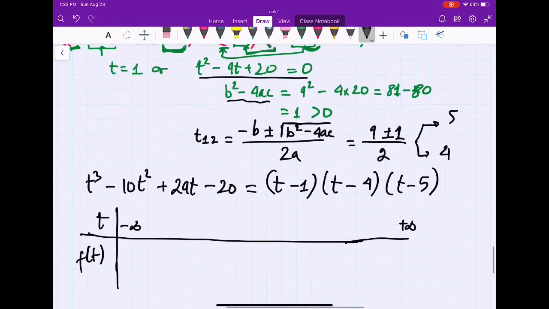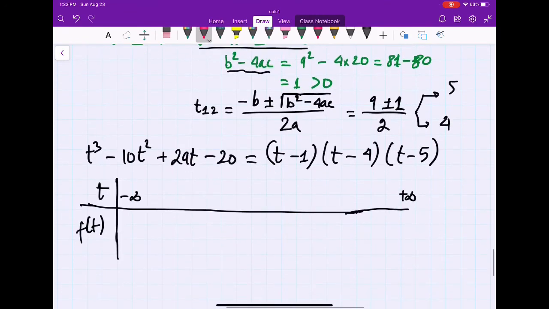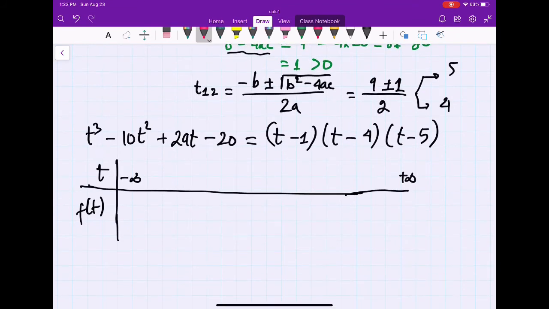But in this case, look at this. We are considering the integral from 1 to 5. And all these 3 points are in 1 to 5. So you don't need to consider negative infinity to positive infinity. Sorry for that. You only need to consider 1 and 5, okay? 1 and 5 in here, and in here you have 4. So the function value is 0 in here, 0 in here.